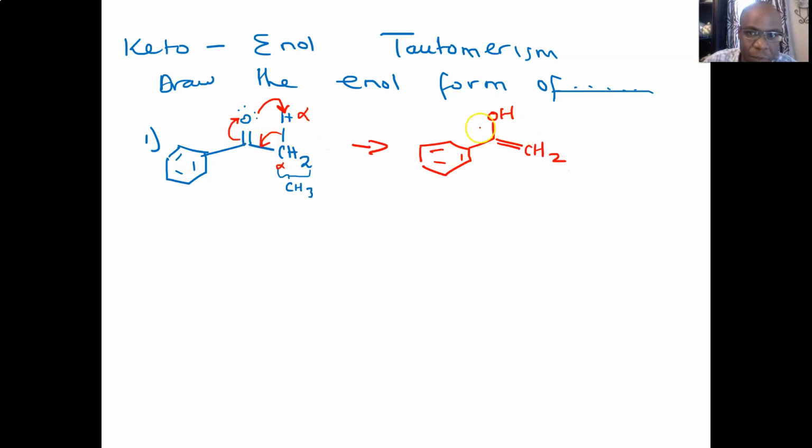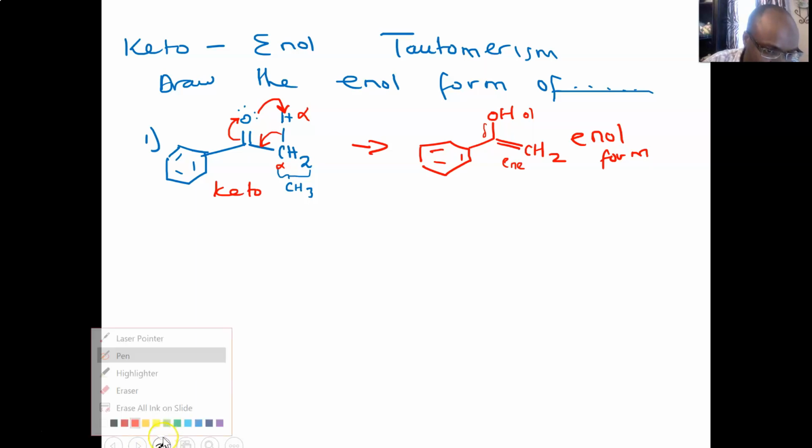The pi bond opened up, you're left with a sigma bond. The oxygen gained a hydrogen. So this will be the enol form, because you have the "ol" part and the "ene" part, the alcohol part and the alkene part. This is the keto form. Okay, let's do the next example.